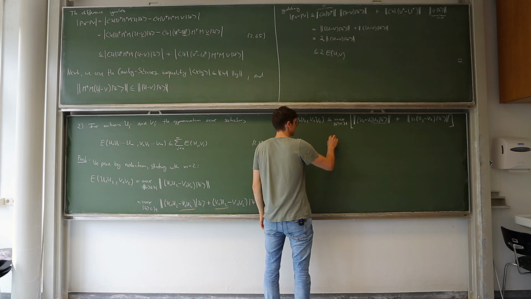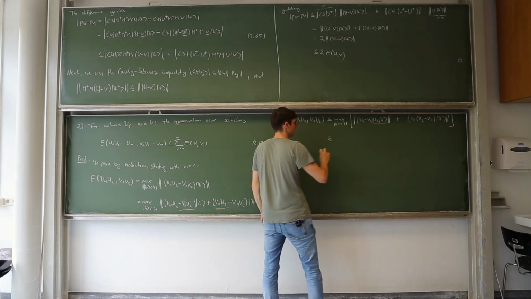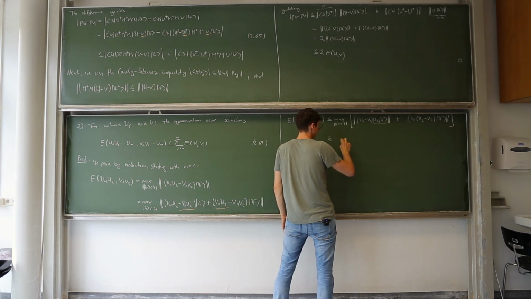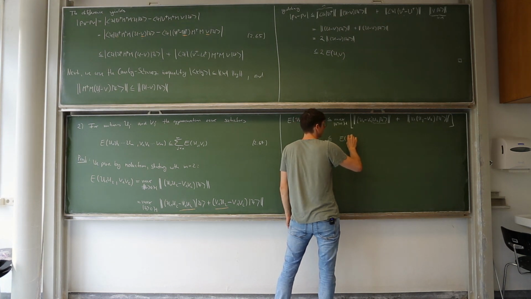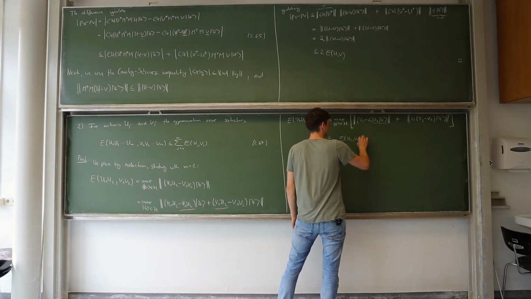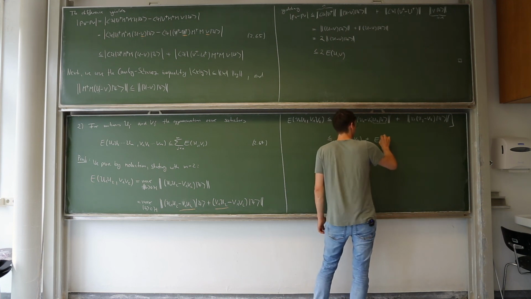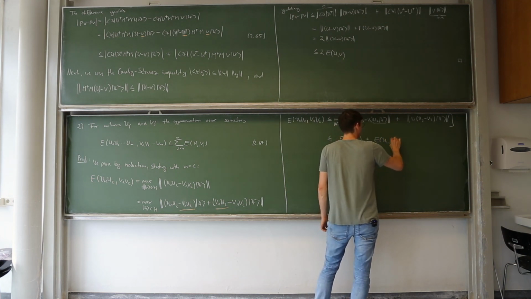So we find that this is smaller or equal to E of U1, V1 plus E of U2, V2.